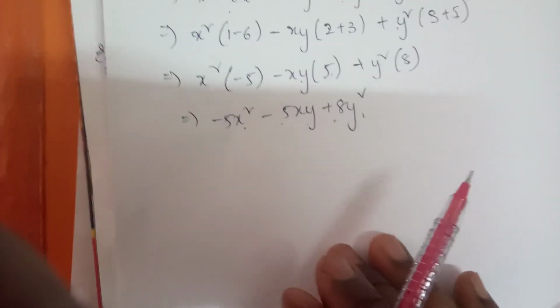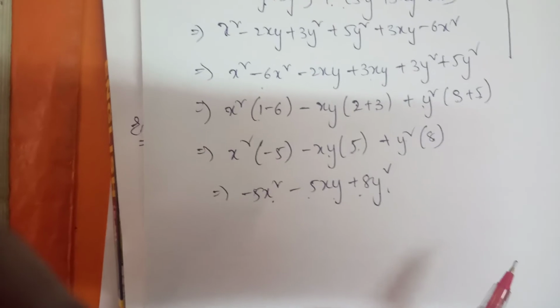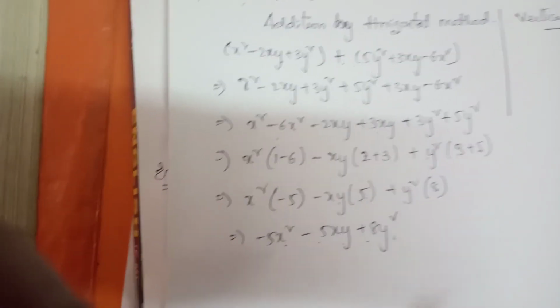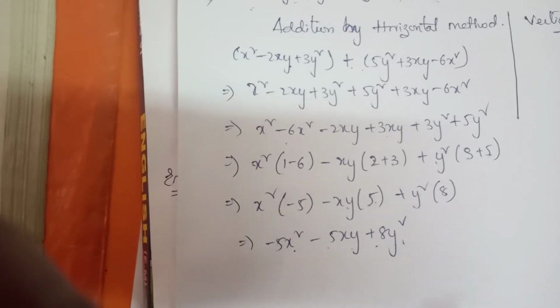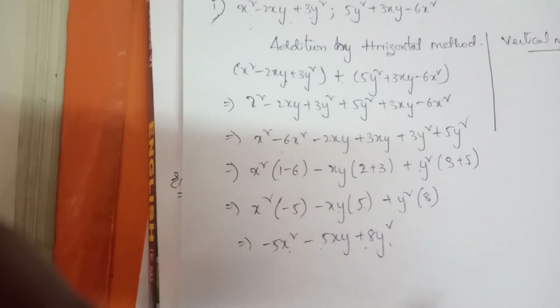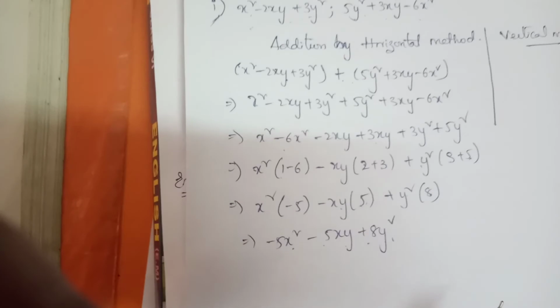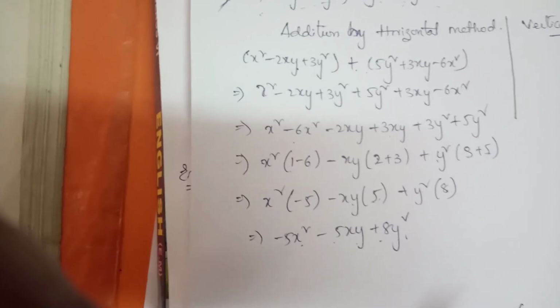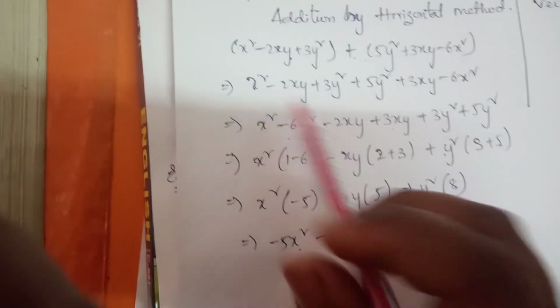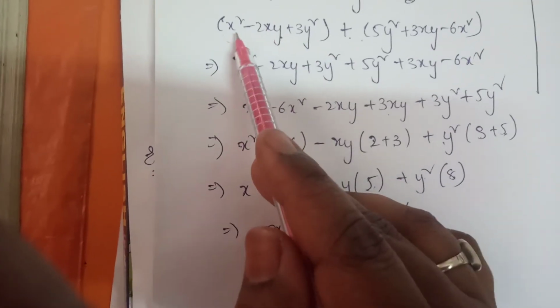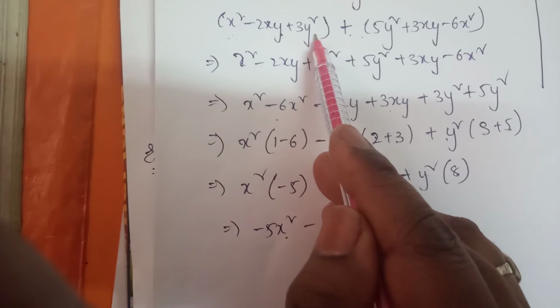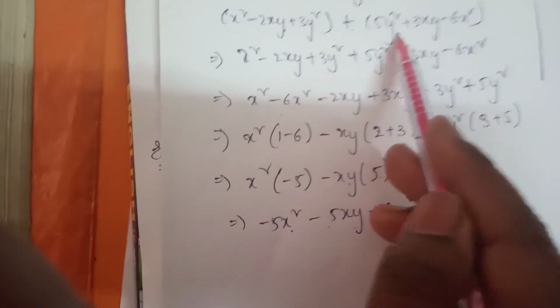Once again I am going to tell the horizontal method. You can do it in any method, but in the given question they have said to use both the horizontal method and also the vertical method. So we are going to check whether we get the same answer or not. Once again, listen. x square minus 2xy plus 3y square, these are the two given expressions.